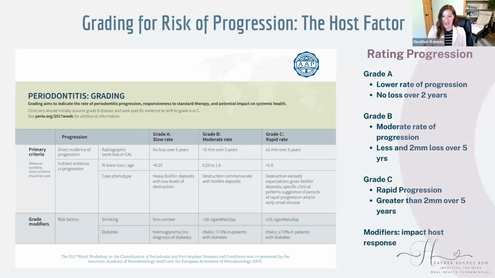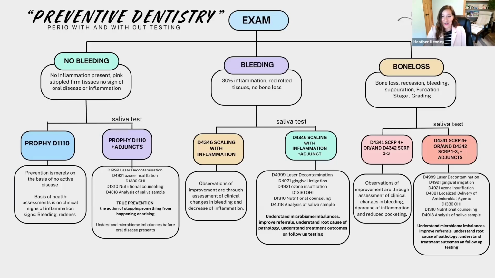My biggest pet peeve is I'm doing a deep cleaning or I got a deep cleaning, and patients have no idea they have disease. So we have to stop using deep cleaning and cleaning as language, and we need to say periodontal therapy for periodontal disease. So we need to use disease diagnostics when we're talking to our patients so they understand the disease pathway.